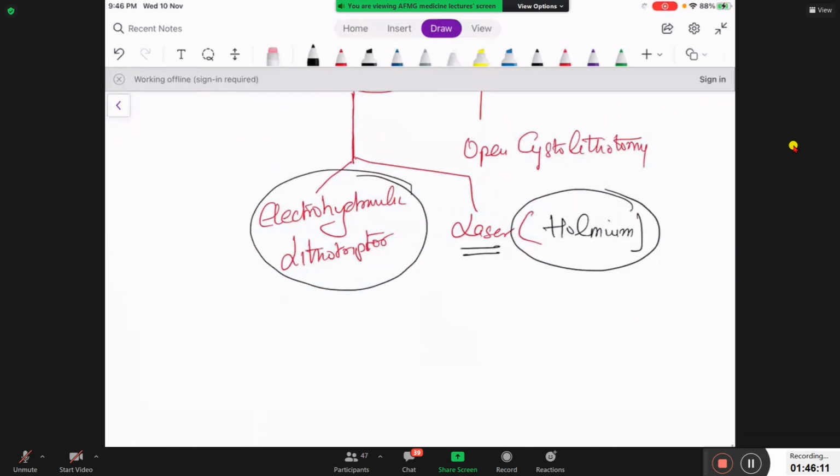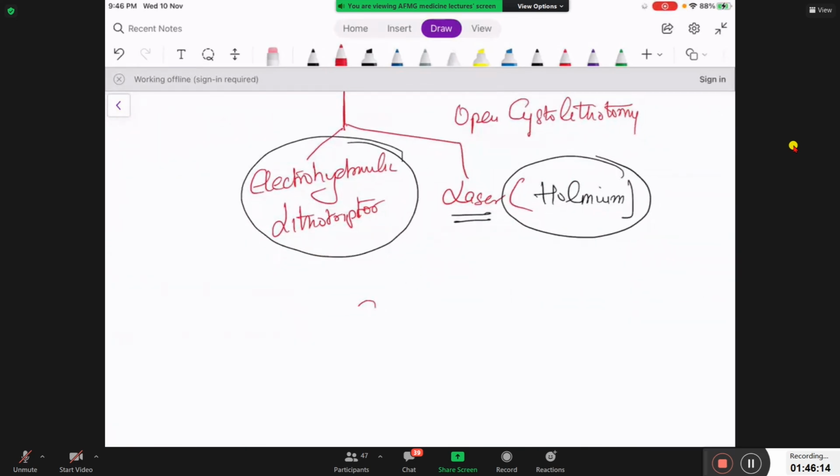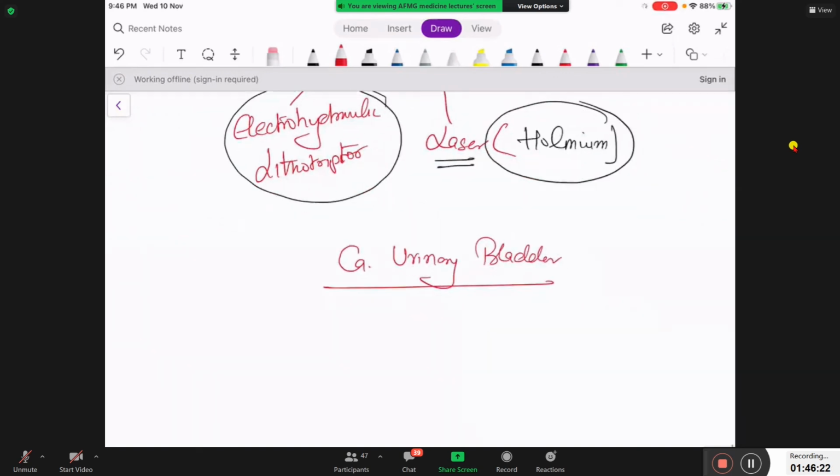Now the last thing is carcinoma urinary bladder. Most common site, most common type.